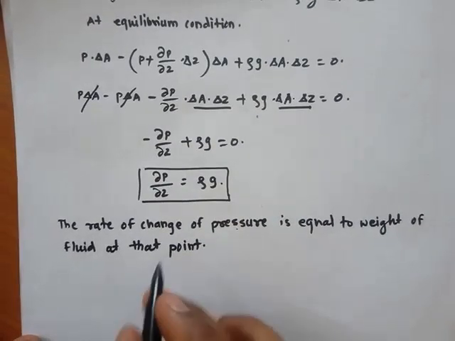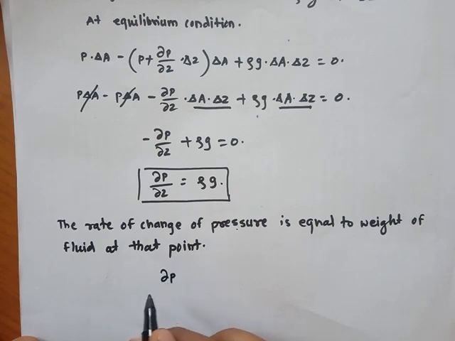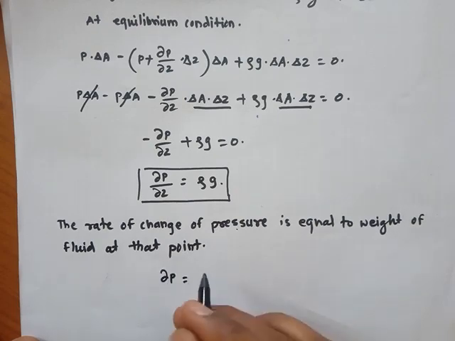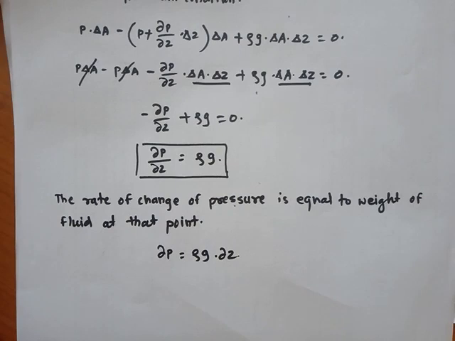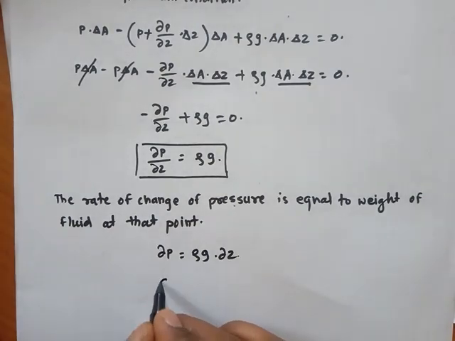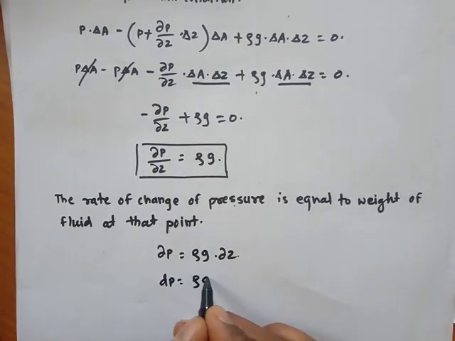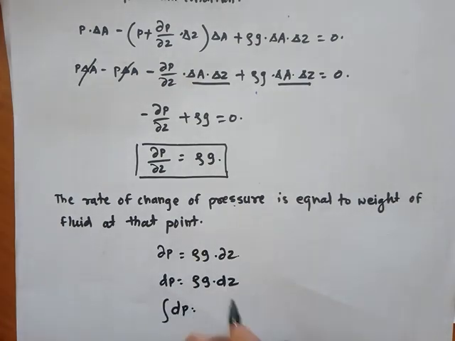If we simplify this, removing the partial derivative, we take dP is equal to rho g into dz. Taking integration on both sides, we have the integral of dP is equal to rho g times the integral of dz.